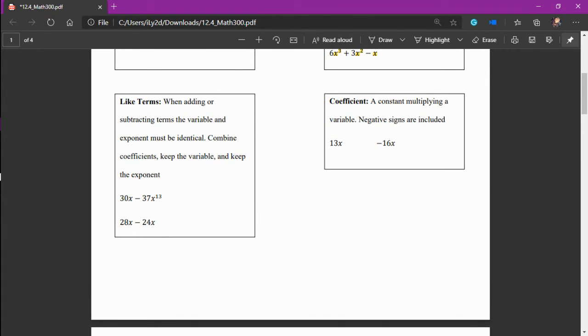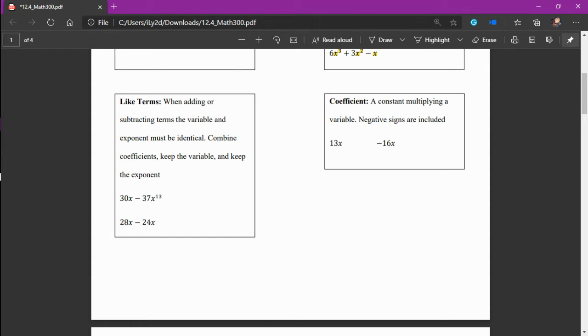Left-hand side, like terms. We've pretty much explained this. We've done a lot of things similar to this in Chapter 10 when we were working with variables. I would ask, do you have any like terms? If you had variables on one side of the equal sign, you could combine them because they were alike. 2x and 3x were alike.